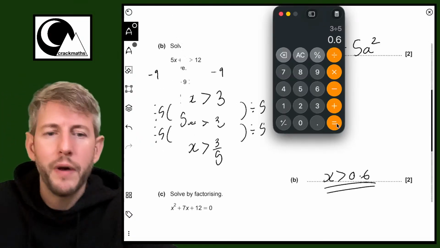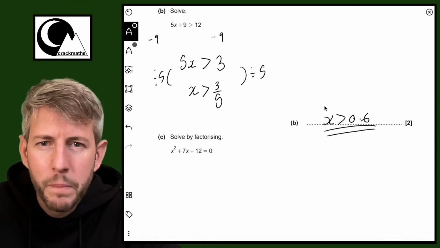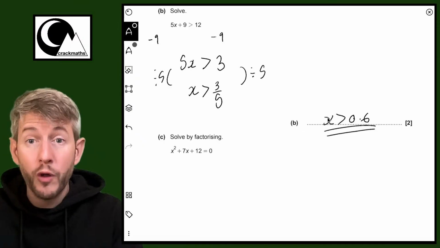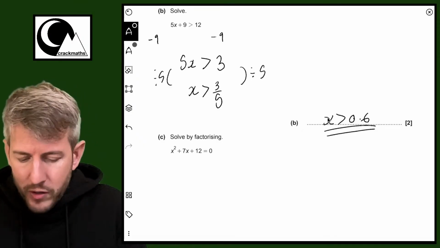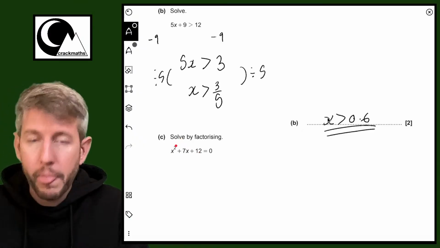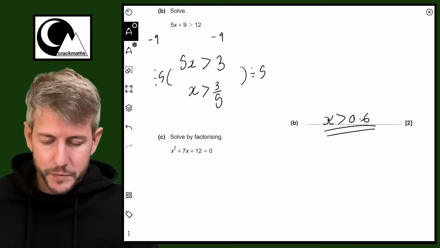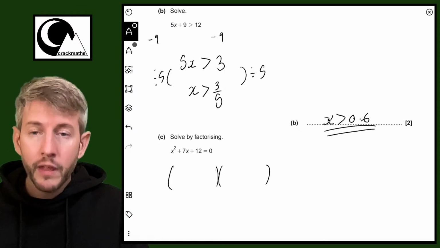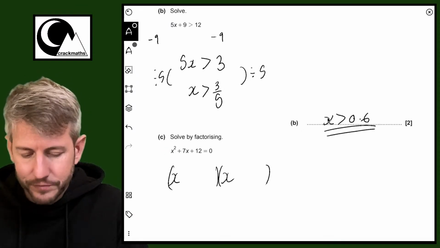Right, part C. Solve by factorising. There are several different types of factorising, but because this is a 3-part quadratic, an x squared plus something x plus a regular number, this goes into double brackets like this. The only way we can get an x squared is by doing x times x.